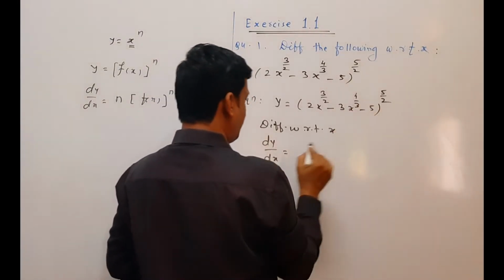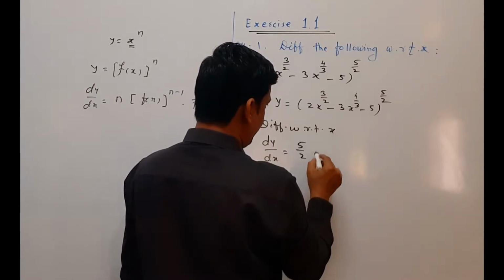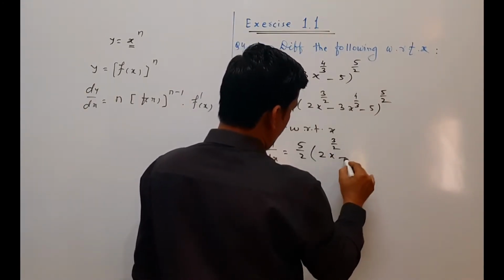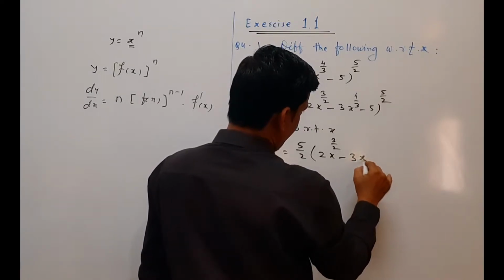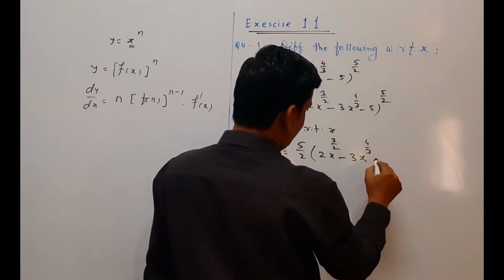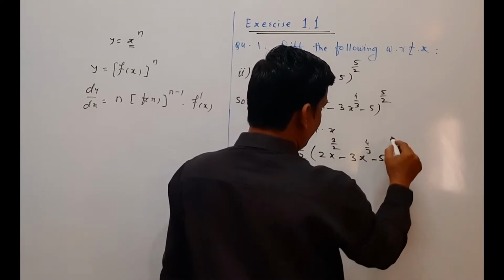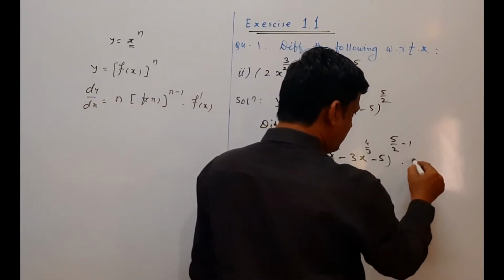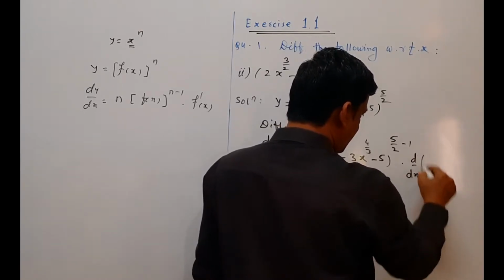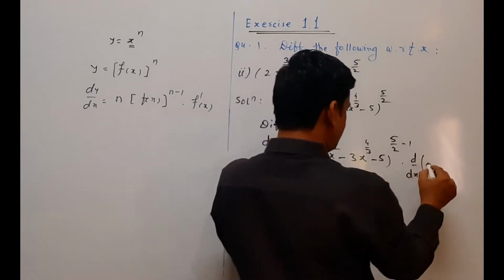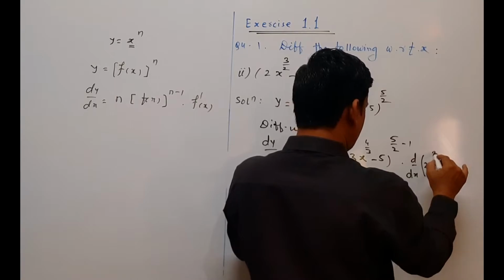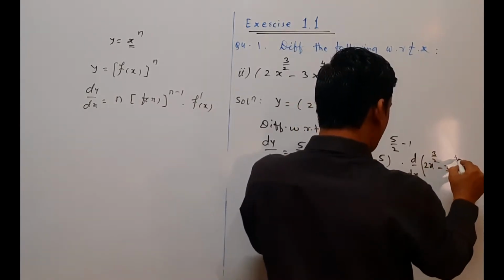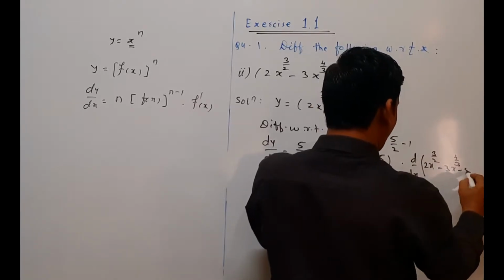Then we write this power in multiplication. So 5 by 2 in bracket (2x raised to the power 3 by 2 minus 3x raised to the power 4 by 3 minus 5) raised to the power 5 by 2 minus 1, into d by dx of this bracket. So we write first 2x raised to the power 3 by 2 minus 3x raised to the power 4 by 3 minus 5.